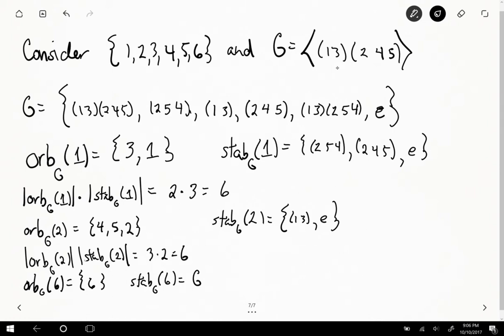So, if we take our orbit of 6 under G, the number of elements in that set times the stabilizer of 6 will equal 1 times the number of elements in G, which is 6. So magically we always ended up with 6.